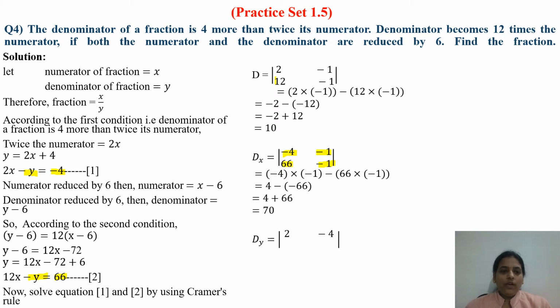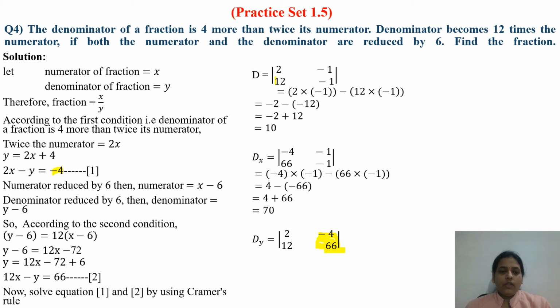How to design dy? Instead of the y coefficient, we want to place here what? Constant part. Correct? So in the first equation, what is your constant? That is minus 4. So place here minus 4.